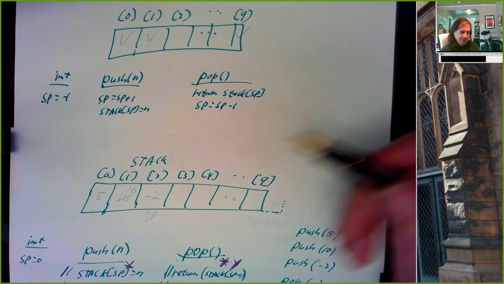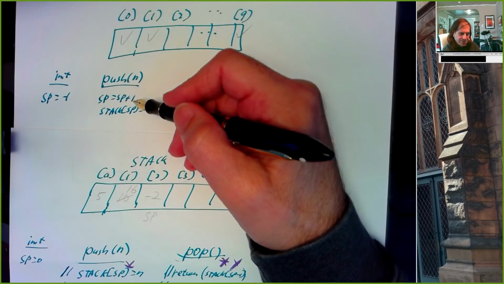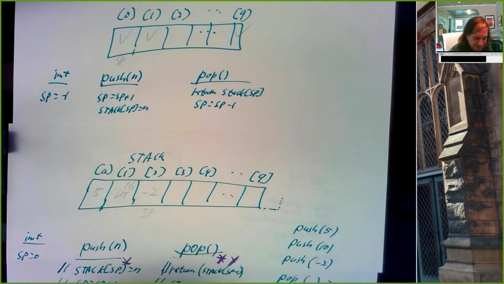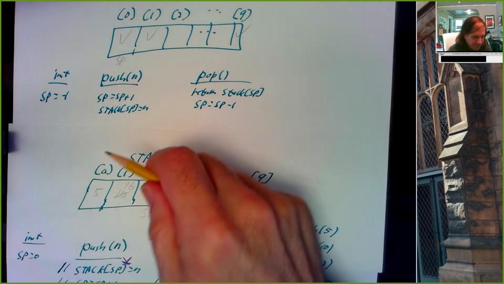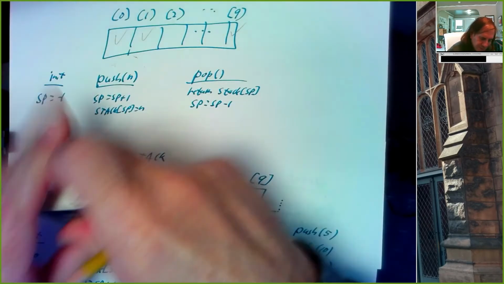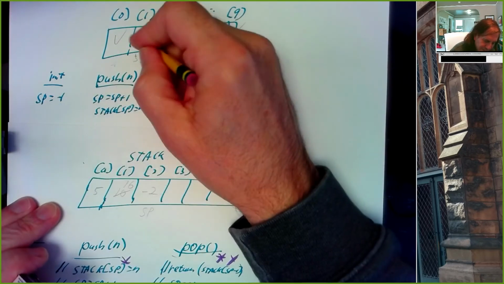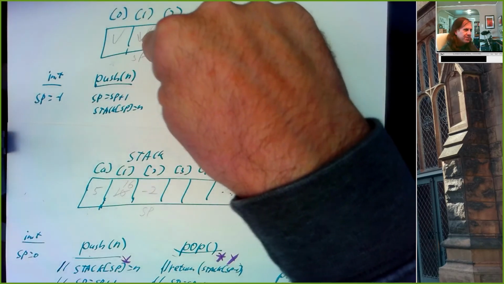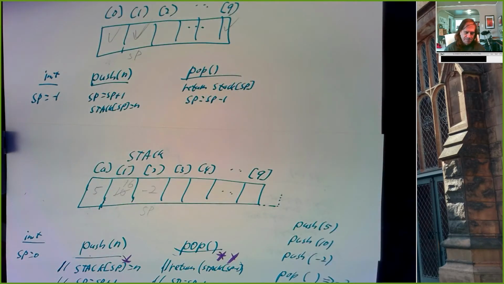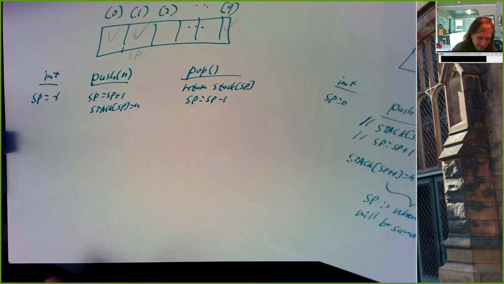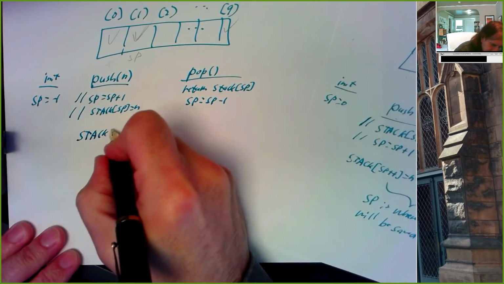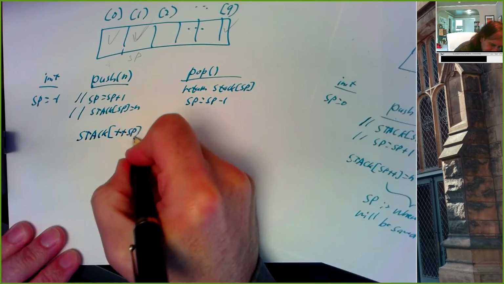So the behavior is the same. When we say push, stack pointer is -1, it'll increment to a 0, which we'll put it right here, and we'll save our value at that stack pointer location. When we say push again, we'll increment the stack pointer. So stack pointer will be here, and we'll save at that location. When we pop, we'll return the value from this location and then decrement stack pointer. So this would be stack bracket plus plus SP equals n.